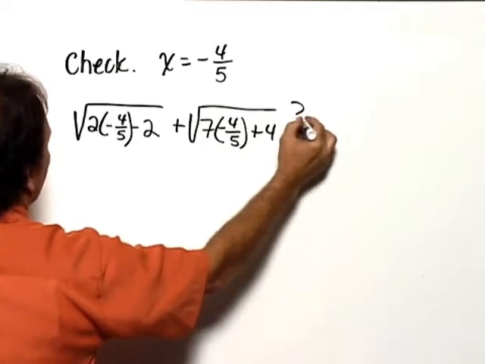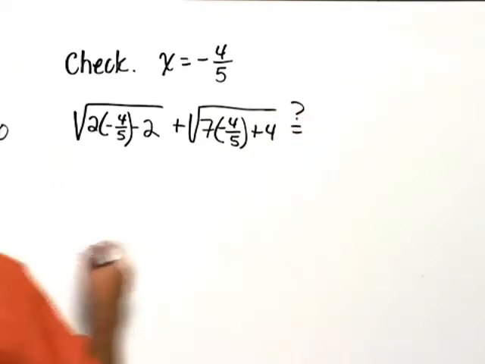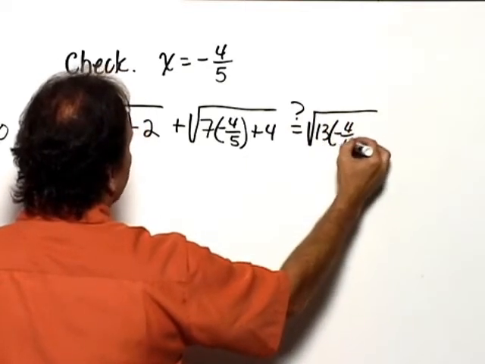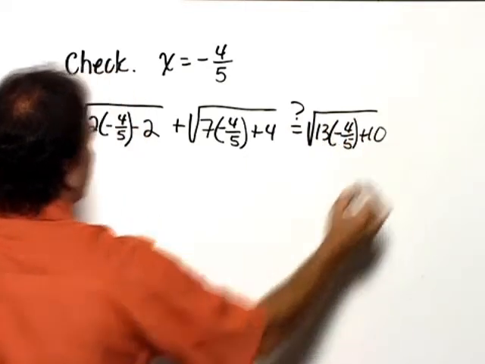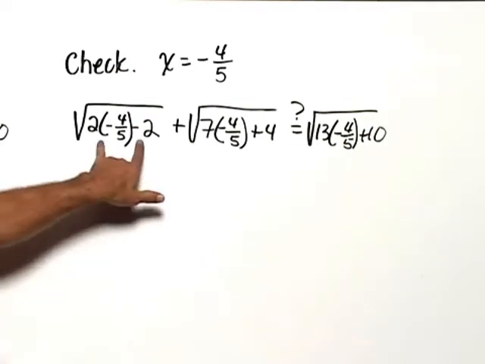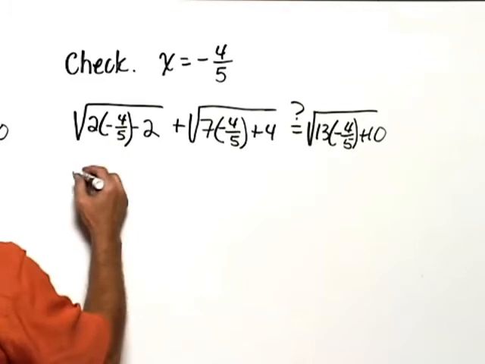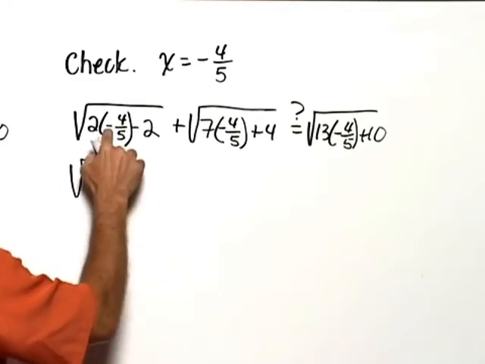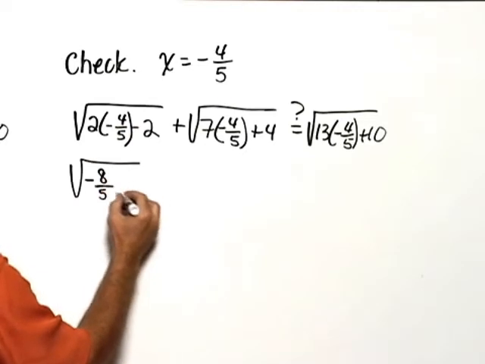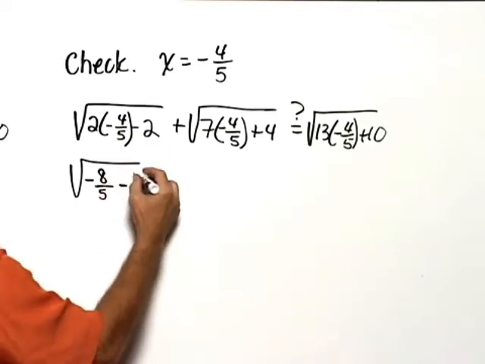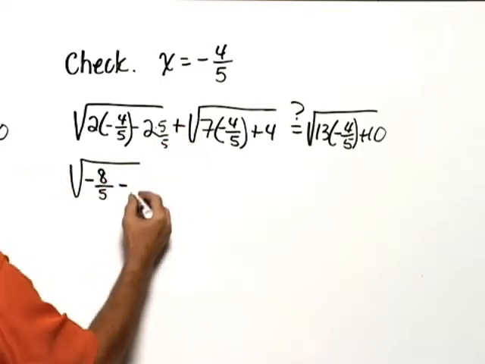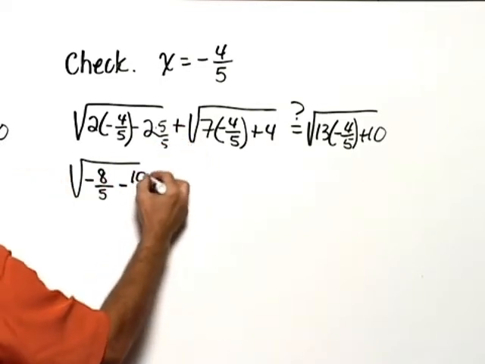We want to know, does that equal the square root of 13 times negative 4/5 plus 10? Let's simplify inside this radical. This would be 2 times negative 4/5 is negative 8/5. And then the 2 will change by multiplying numerator and denominator by 5 so that it has the same denominator.